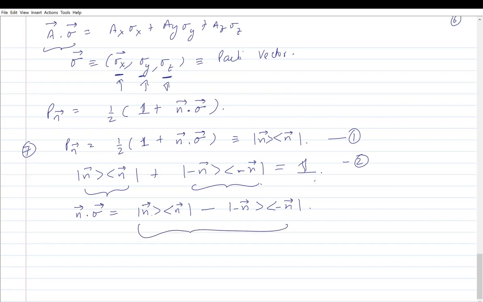Remember the spectral decomposition? This is the eigen decomposition of this guy.